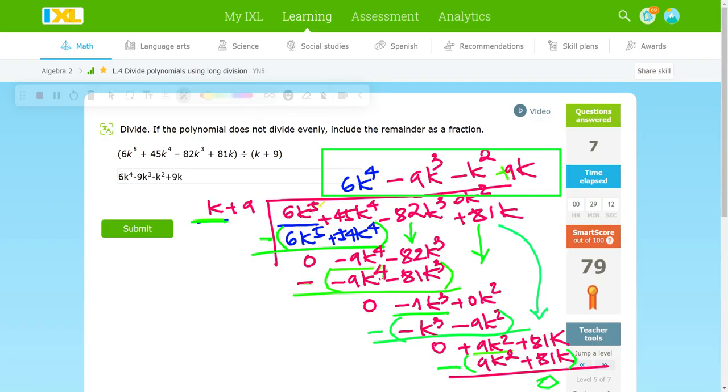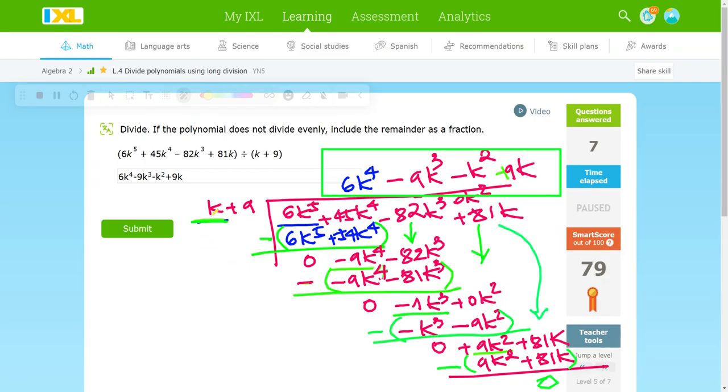It's k to the 4, multiply them back, 54, subtract negative 9k to the 4. Move it down. 9k to the 4 divided by k, negative 9k to the third. Multiply them back, negative 81. Becomes plus, subtract. 0k squared, put it down.